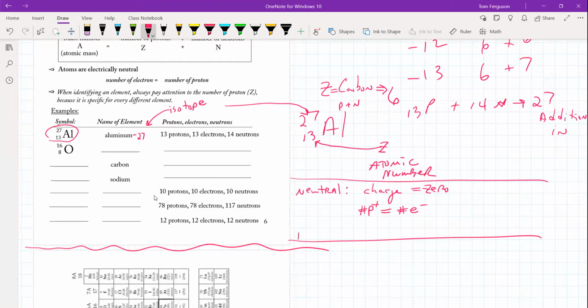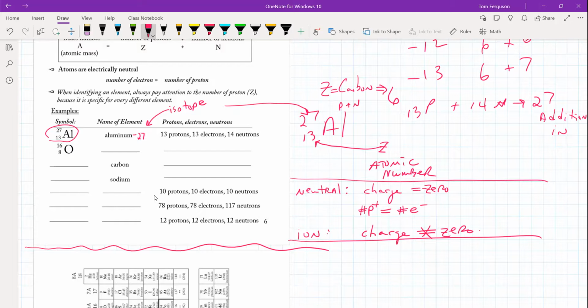Okay, in an ion, which we're going to talk about after we talk about the periodic table, the charge is not 0. In an ion, you're going to have more protons or more electrons. So the ion is either going to be positively or negatively charged.